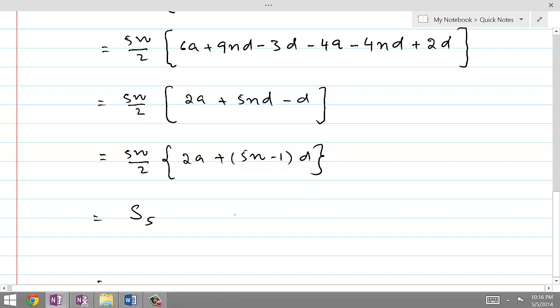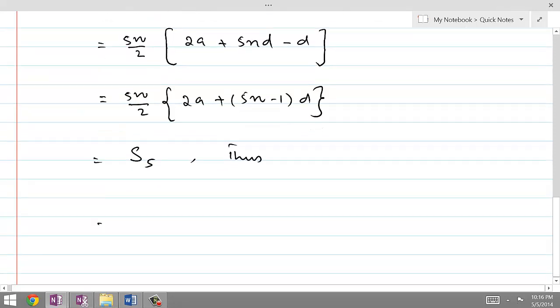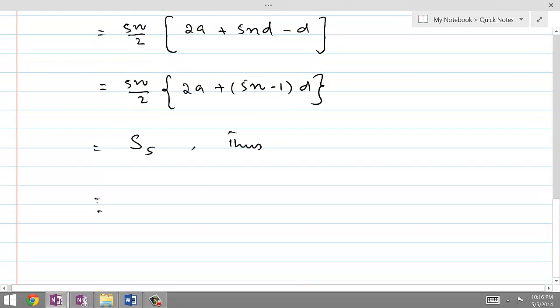Thus the right hand side is equal to the left hand side, and S5 is equal to 5 times S3 minus S2. This relation is proved now.